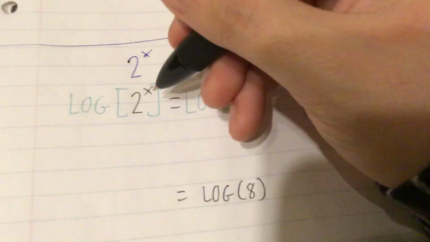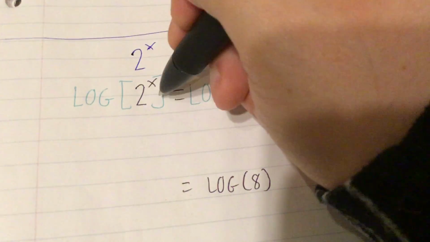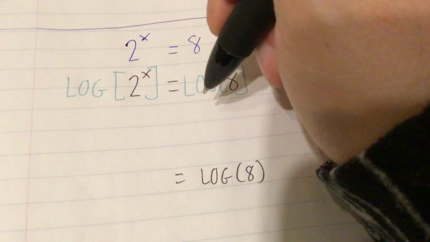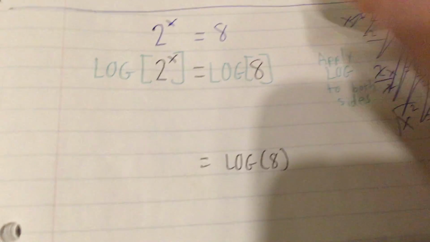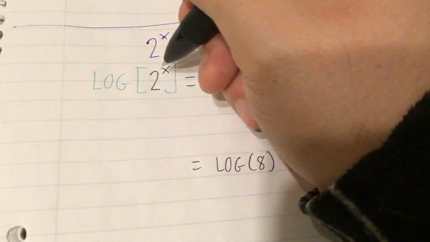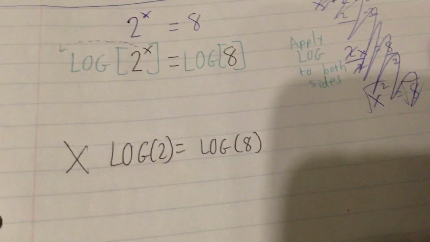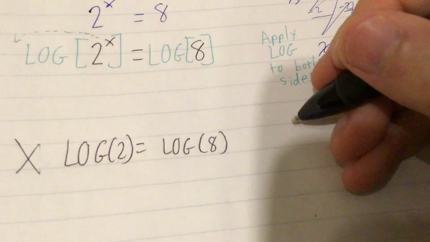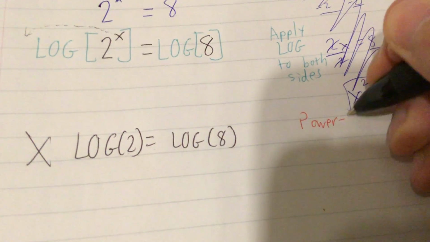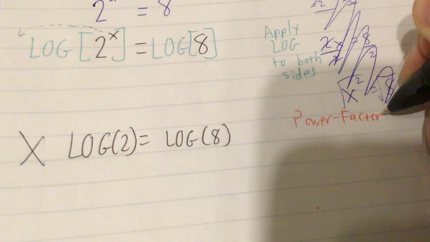However, I've got an exponent in my logarithm, and that annoys me. So what that does is that makes this x fly to the front. x log of 2. And the reason why this works is because of the power factor rule.